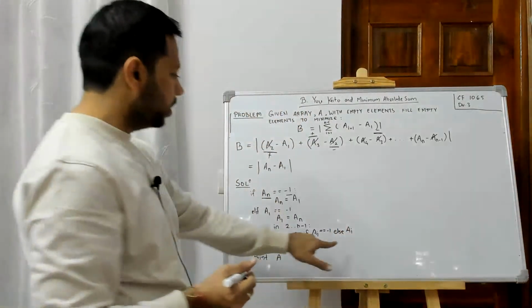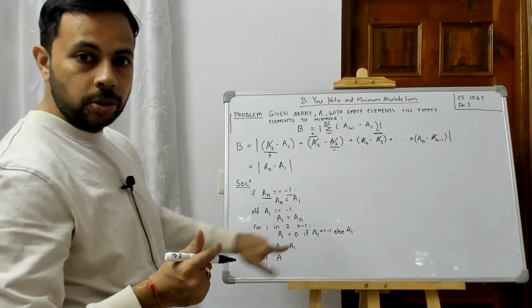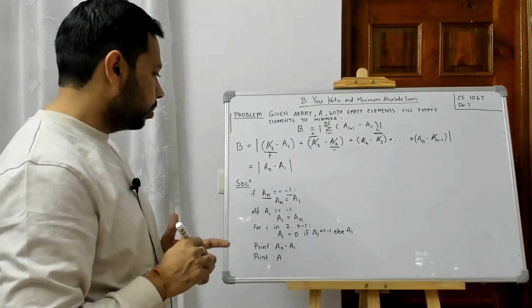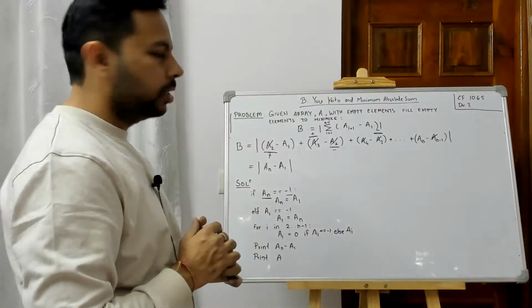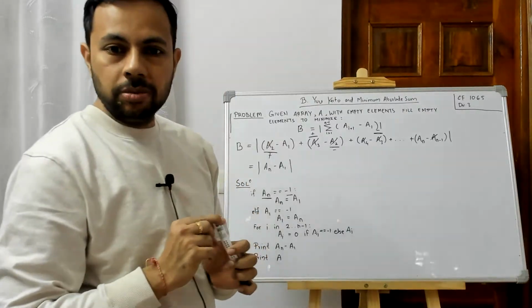So if it is -1, set it equal to 0, and the rest of the code remains the same. So that's the overall solution for this problem.